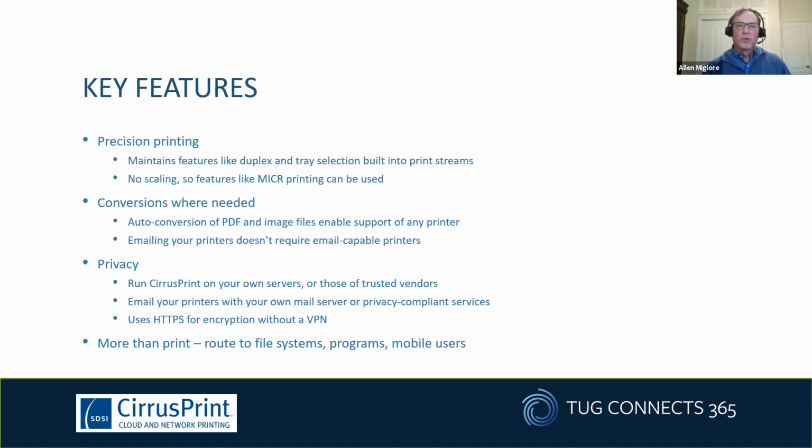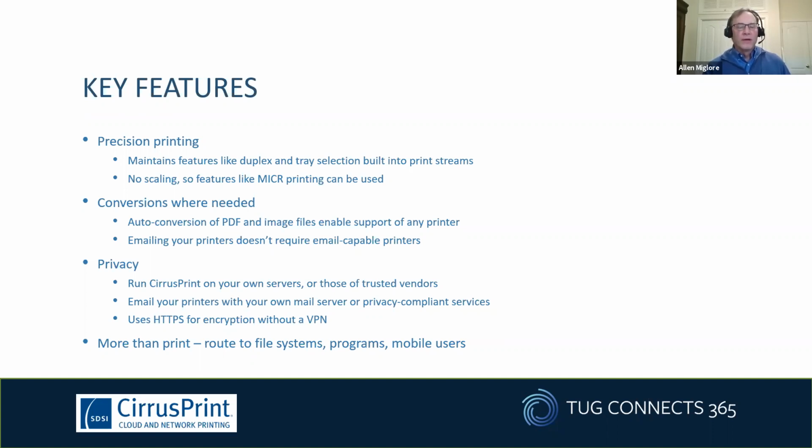Also, if you're doing check printing, you don't want any scaling whatsoever, so you don't really want to go through a PDF printing mechanism. You want that PCL to go straight to the printer. So that's a precision feature that CirrusPrint supports.